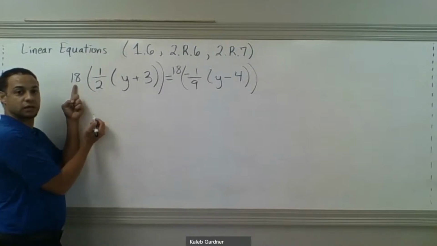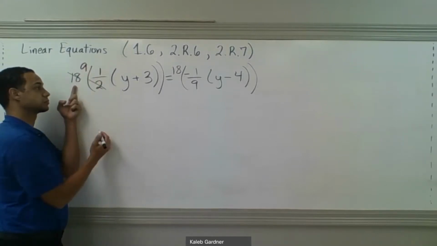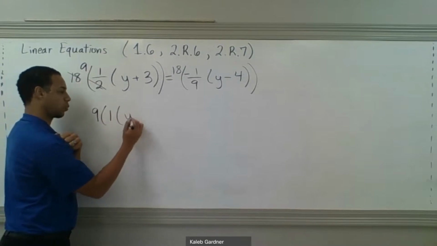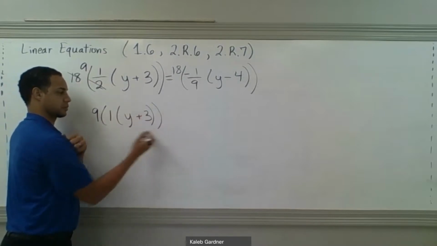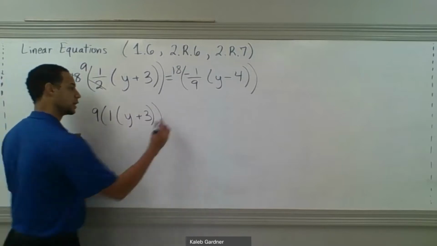Half of 18 is 9, or we could just reduce. 18 and the 2 reduce to 9. So we've got 9 times 1 times y plus 3. I know that looks like a lot of parentheses, and I'm going to simplify it in just a second.